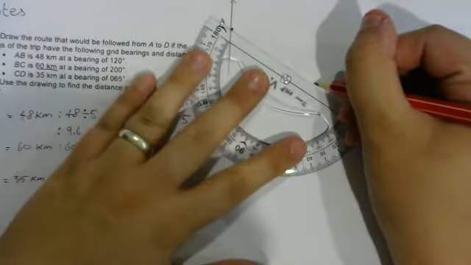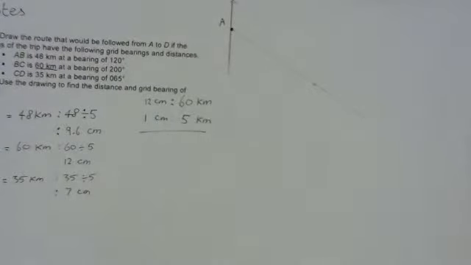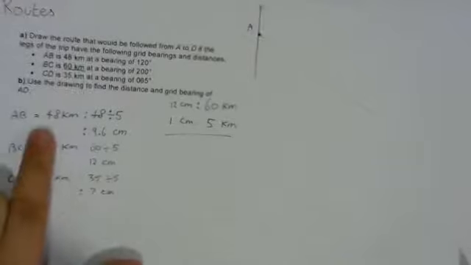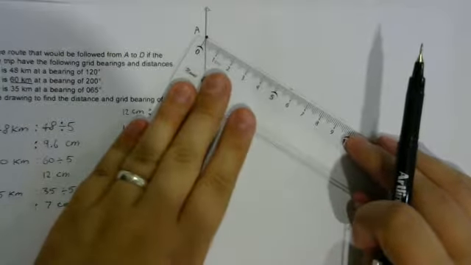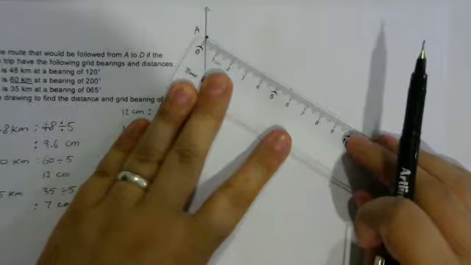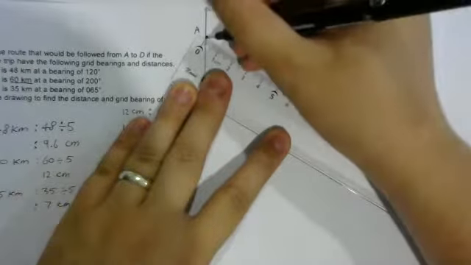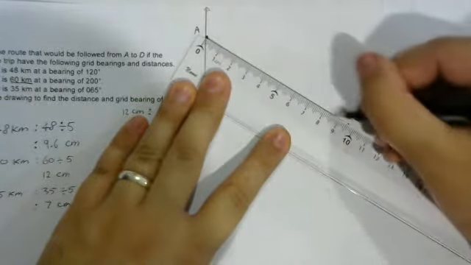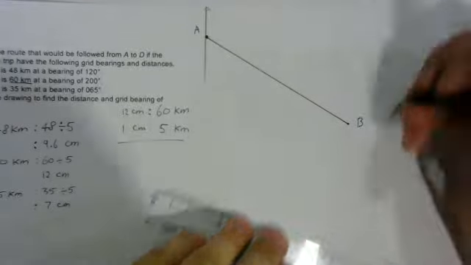Then I'm going to draw a line in that direction. Now we know that length AB is going to be 9.6 centimeters long on our map. So I'm going to measure out 9.6 centimeters using my ruler. And 9.6 will be right about there. There we go. End point. That's B.